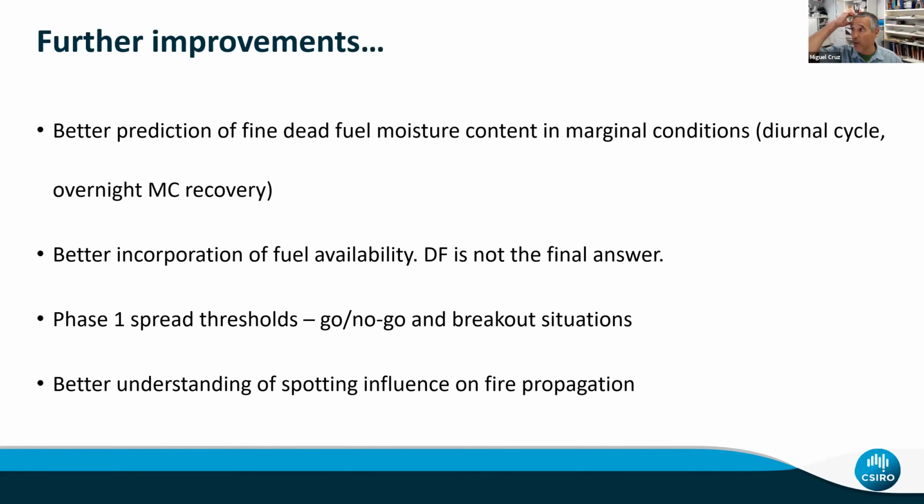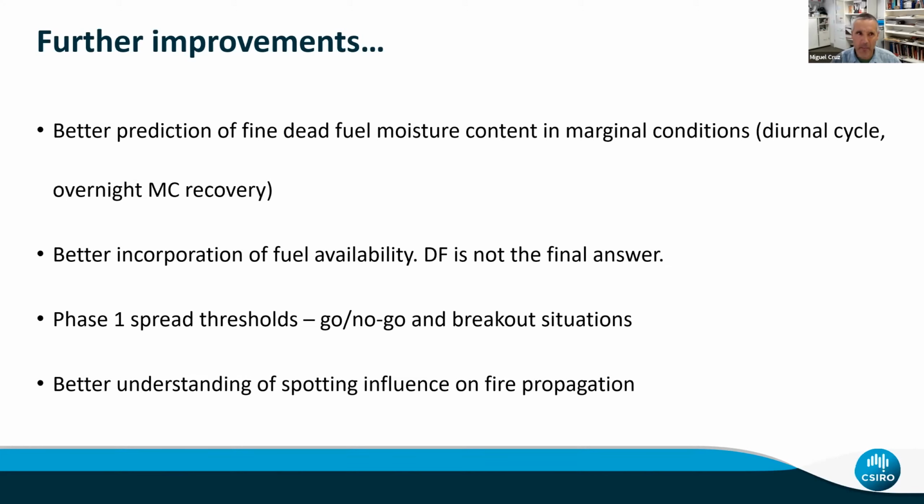So there's still room for improvements in this work. Some of the errors we identified were early morning fire runs when you compare with the wildfire data sets, and we suspect that we are not capturing well some of that overnight moisture recovery and the remnants of that moisture affecting fire propagation early morning or late morning and also early afternoon.